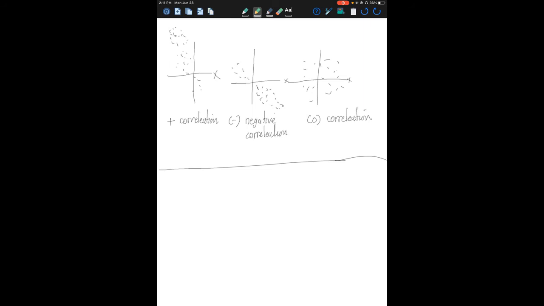So the steps I'm going to be going over first are the steps. There are essentially two major steps that you need. The first one would be to find the slope using a system of equations.